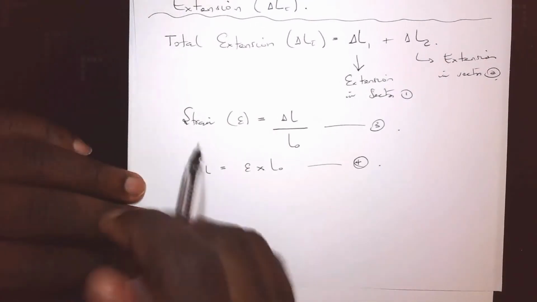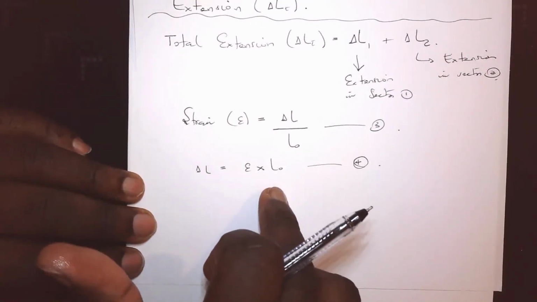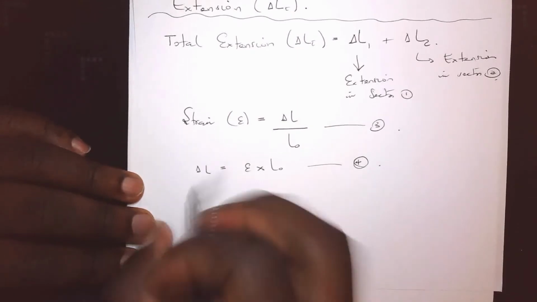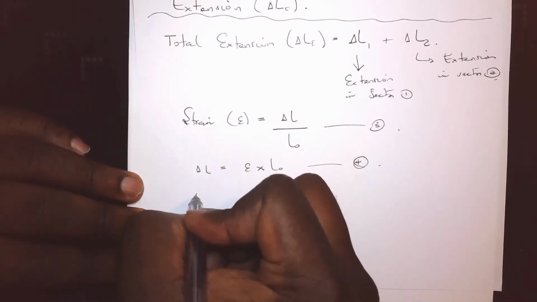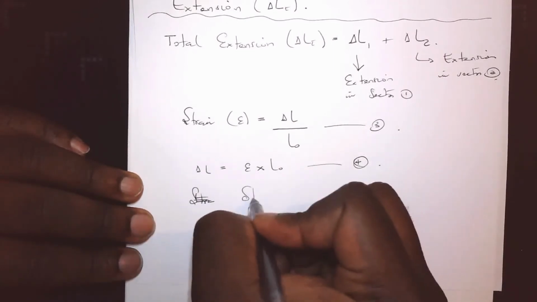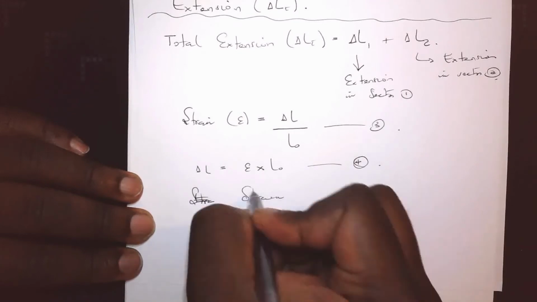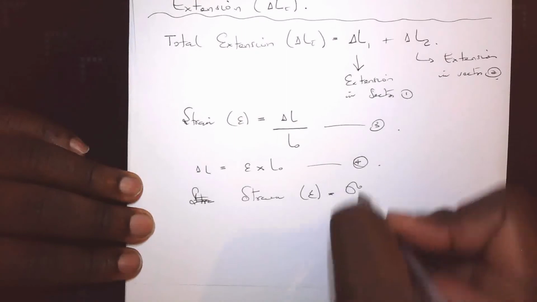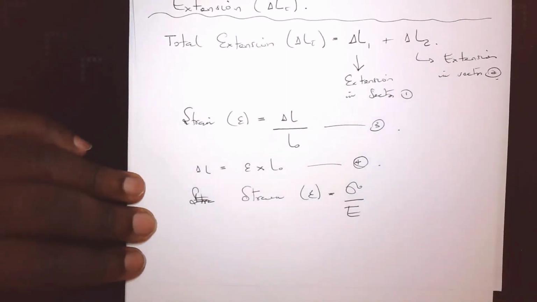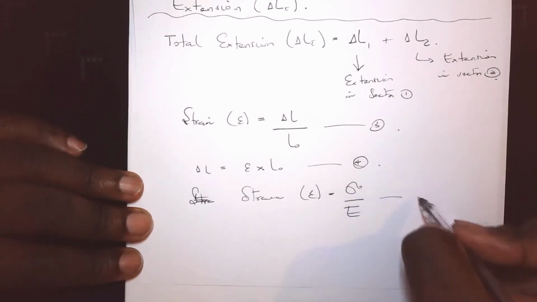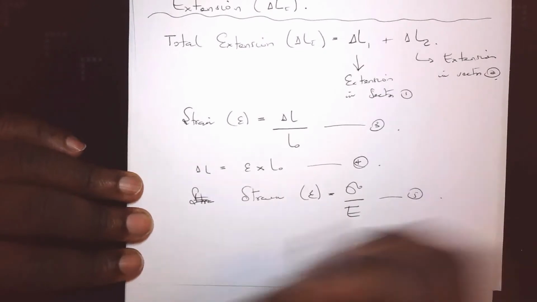We also know that we can calculate the strain with respect to the Young's modulus and the stress. So since strain is also equal to the ratio of the stress to the modulus, what we can do is substitute this variable.